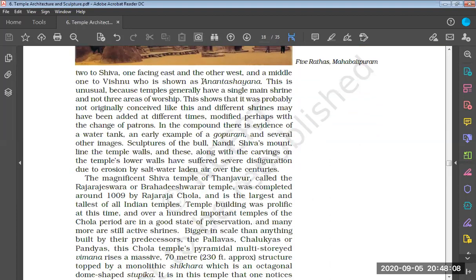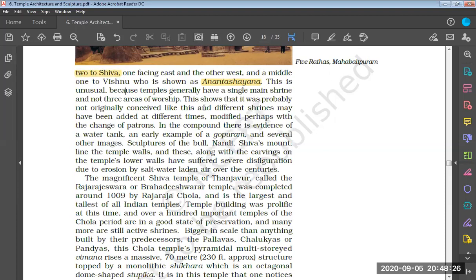So this temple, the Shore temple, consists of 3 shrines. 2 are devoted to Lord Shiva and 1 is devoted to Vishnu, shown as Anantashayana.